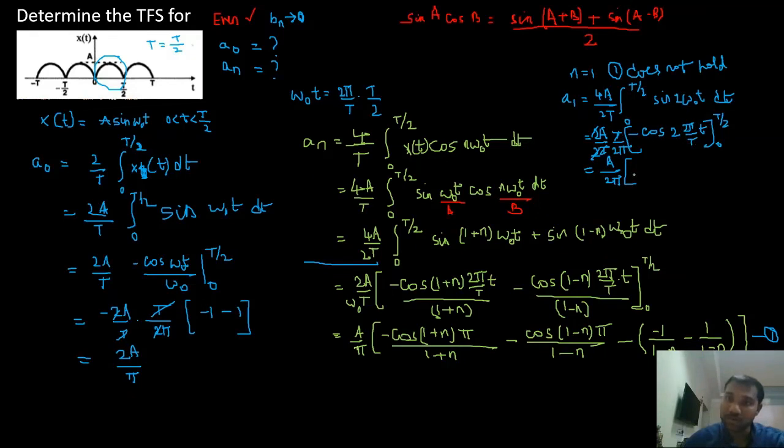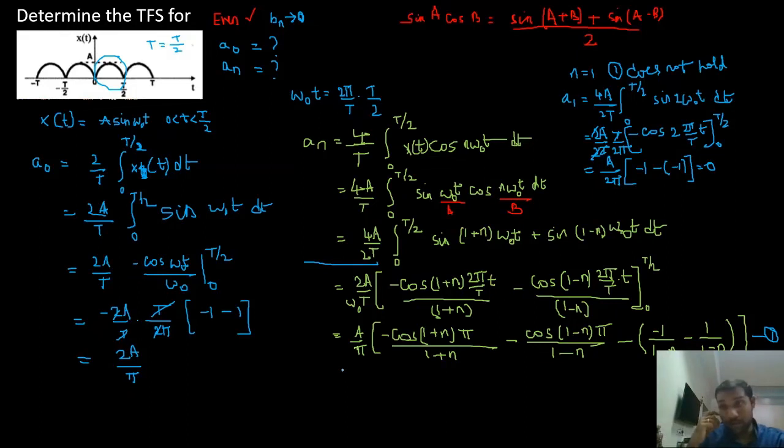So cos 0 is 1. So minus 1 minus of cos 0 is 1. So again minus 1. So this a1 is equal to 0. Minus 1 plus 1 is 0. So a1 is 0.